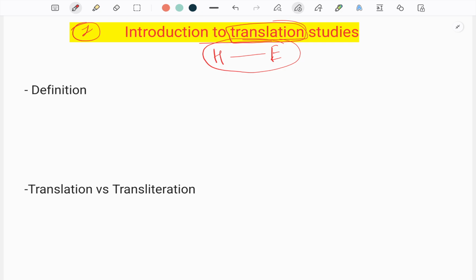We hadn't any idea what process takes place during translation. So here we will discuss translation in detail. At first I would like to discuss the definitions of translation.